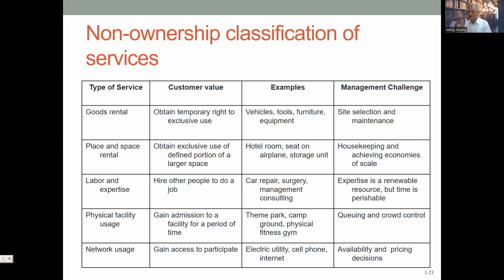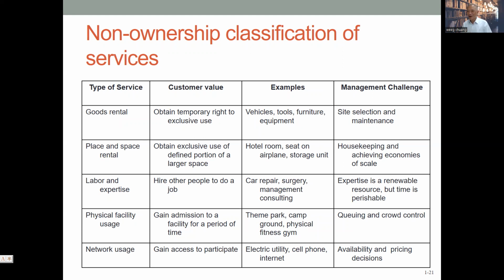Examples are vehicles, tools, furniture, and equipment. For this kind of service, the major management challenges are site selection and maintenance, for the convenience of customers to get in touch with you to have your services.